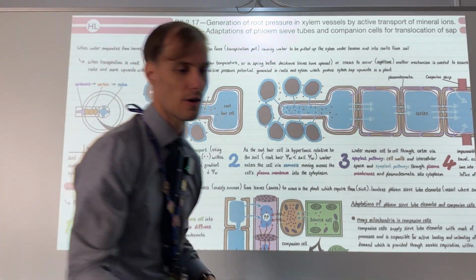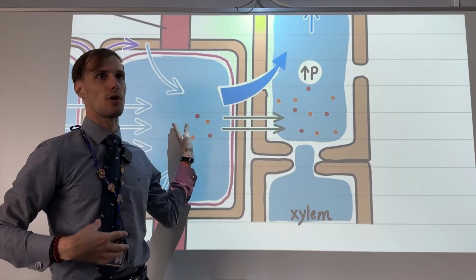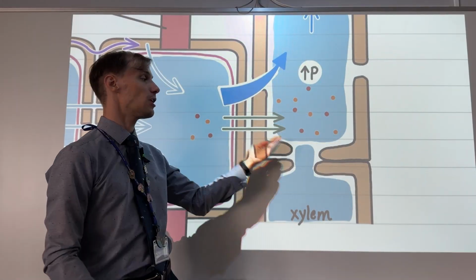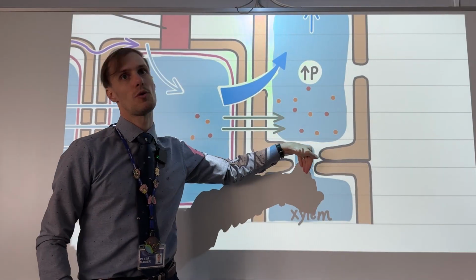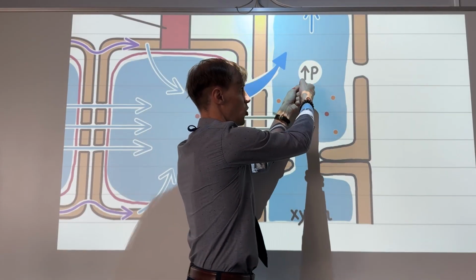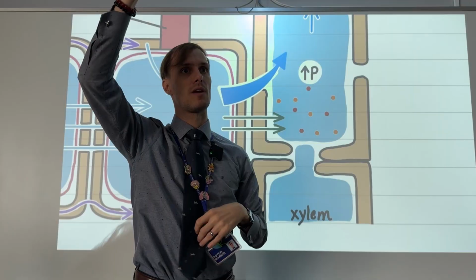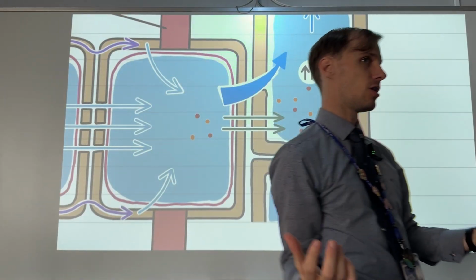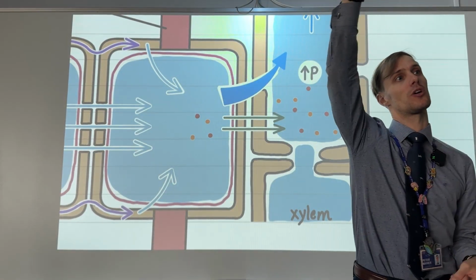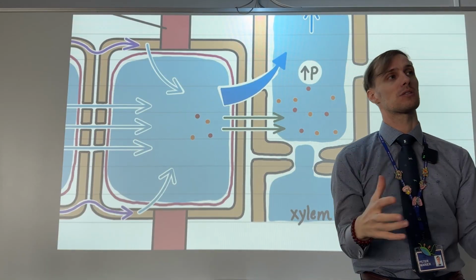So bring all of that together. By actively transporting ions from the cortex into the xylem, I've increased solute potential, decreased water potential, causes an influx of water that increases hydrostatic pressure, and thus water is going to get more driven up. So it's kind of a combination of both the low pressure in the leaves and the high pressure in the roots, allowing this process to occur.